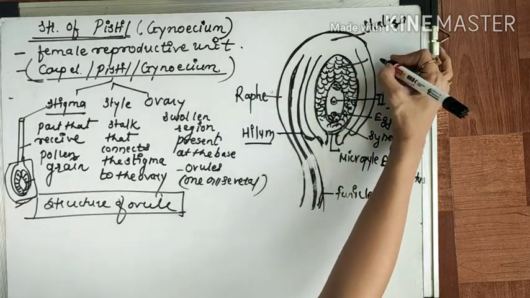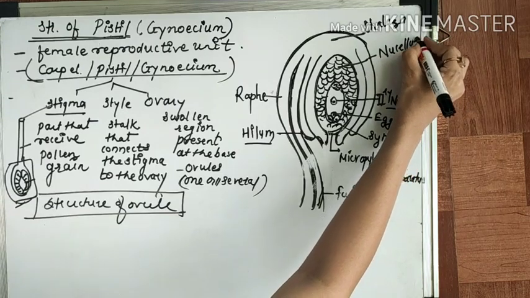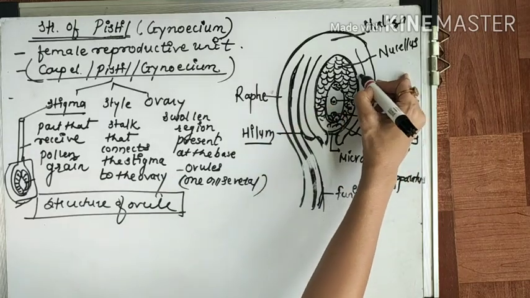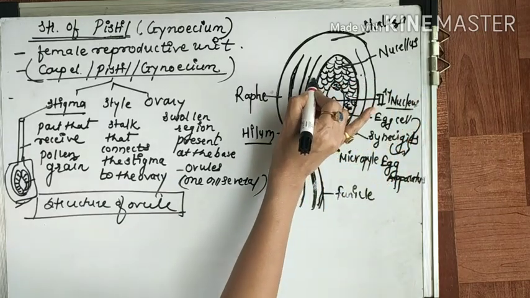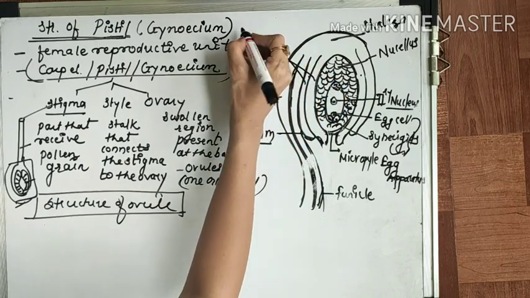That is called nucellus. And you can see these two parts, this and this, that's called integument.